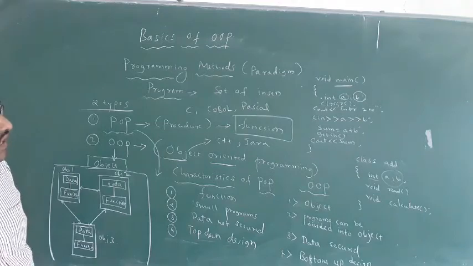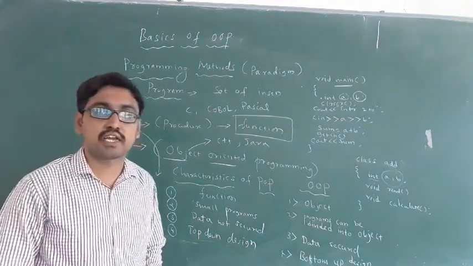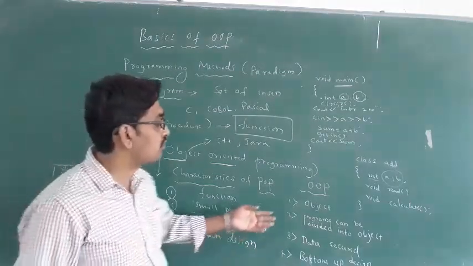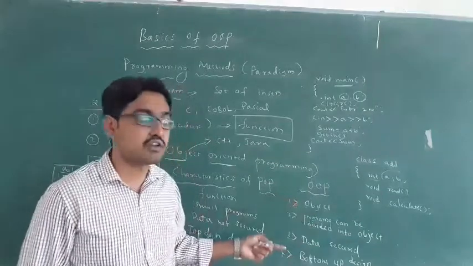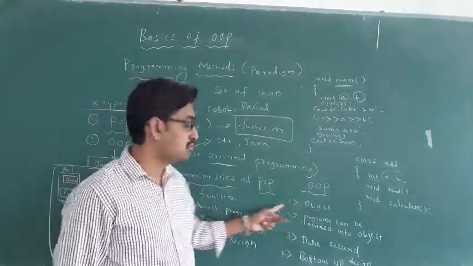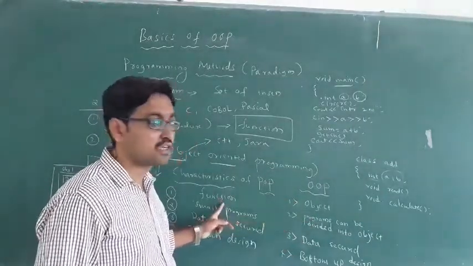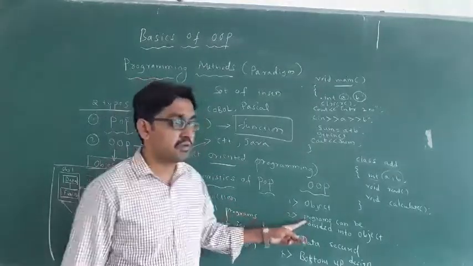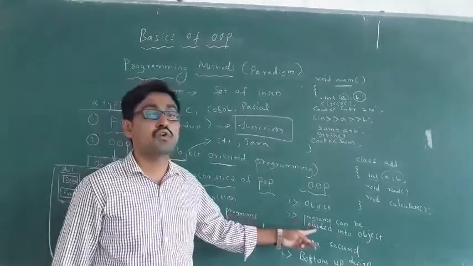Then what are the characteristics of OOP? The first characteristic is that it is focused on objects, but procedure oriented focuses on functions. Here the problem can be divided into objects.